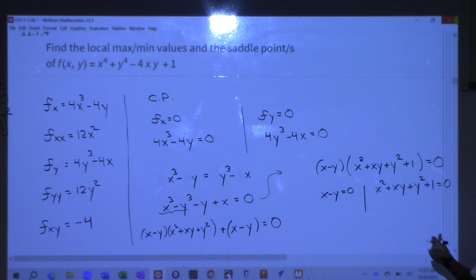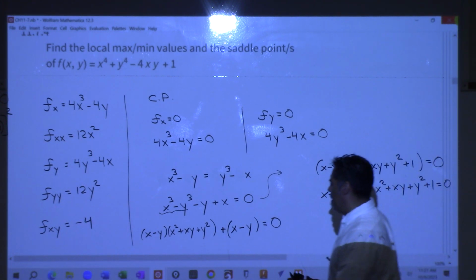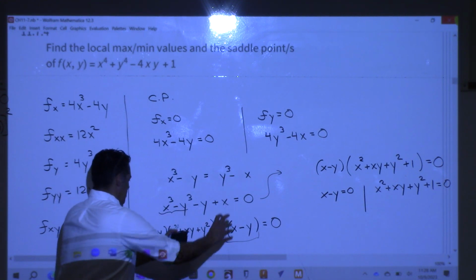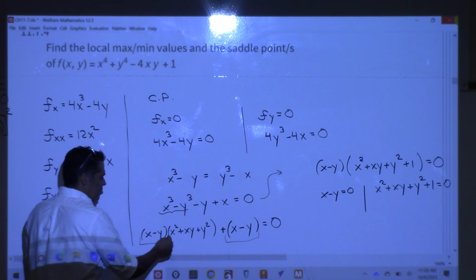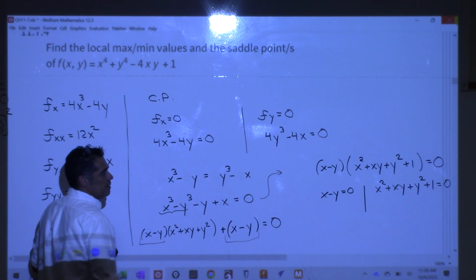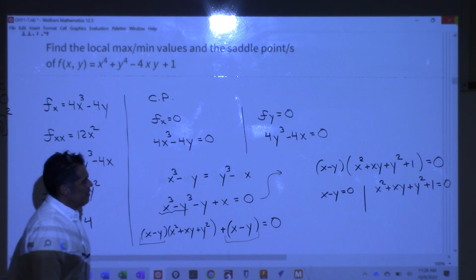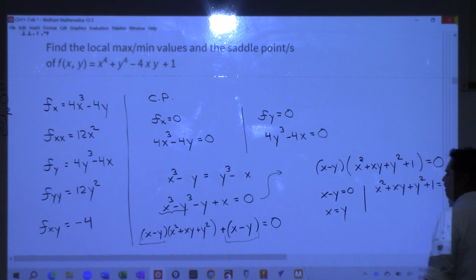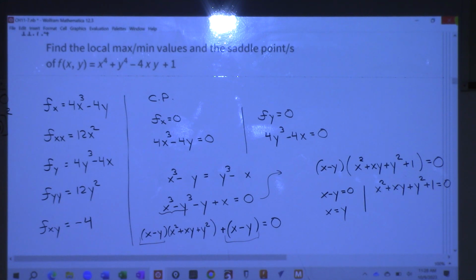Shouldn't that x squared plus xy plus y squared be in parentheses? We factored out, right? So right here we pulled this and this out as a single factor, and then it would be this, and then plus 1, to distribute. My brain's not braining. It's all right. x equals y.